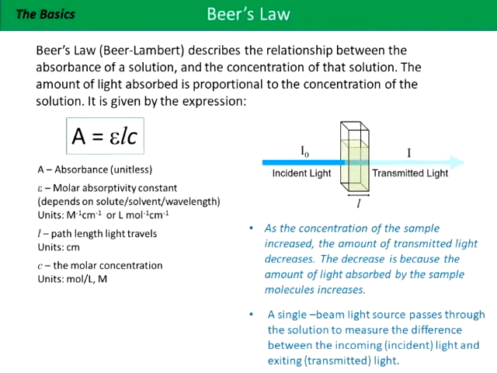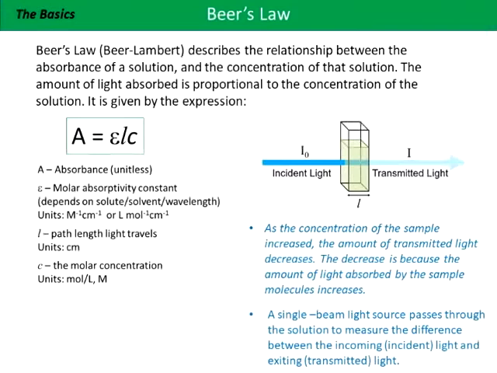As the concentration of the sample increases, the amount of transmitted light decreases. The decrease is because the amount of light absorbed by the sample molecules increases. This affords a method of quantitating the concentration of the sample.